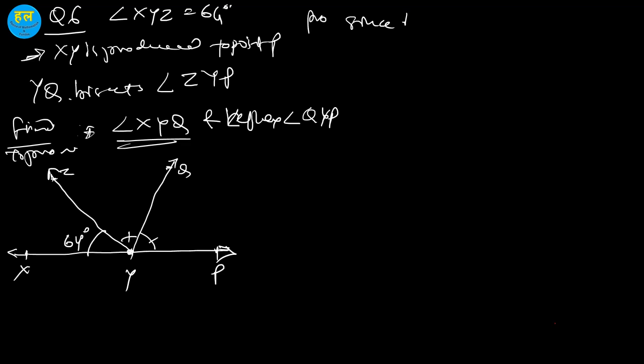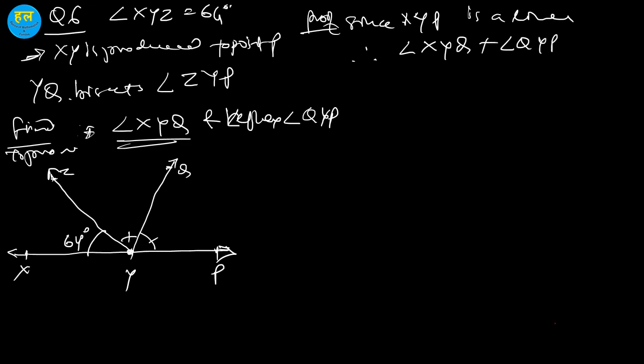Proof. Since XYP is a line, therefore angle XYQ plus angle QYP is equal to 180 degree, linear pair, right?